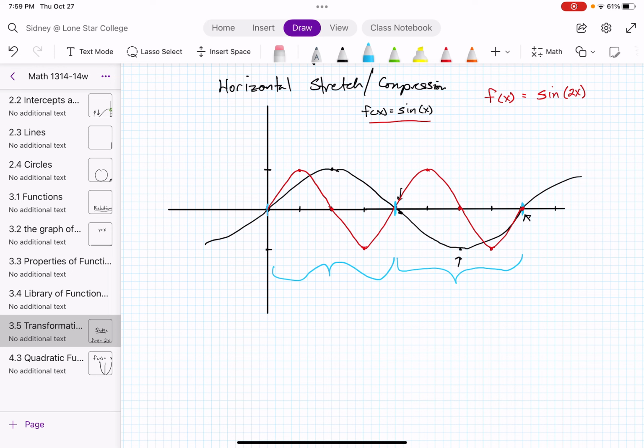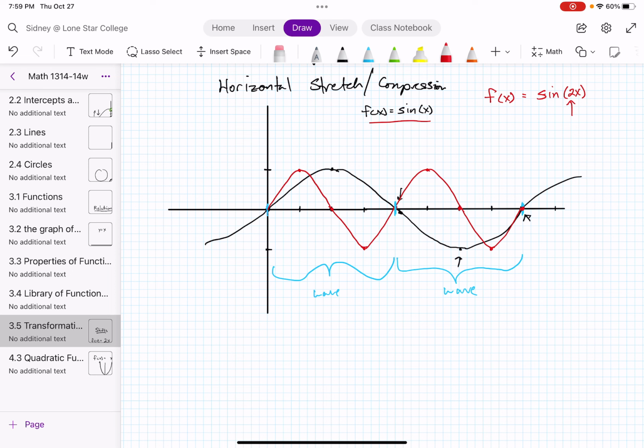There are two waves. That's a wave, and that's a wave. There are two full wavelengths in the same space that I used to have one wavelength. So when I see this 2 right here, what it's telling me is that in the same space I used to fit one wavelength, I now fit two.